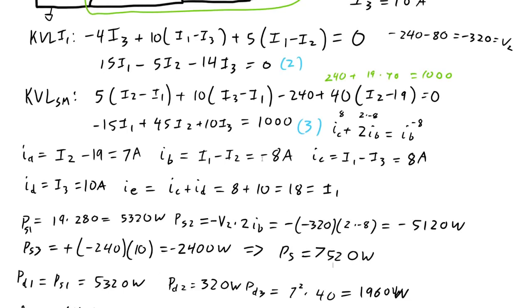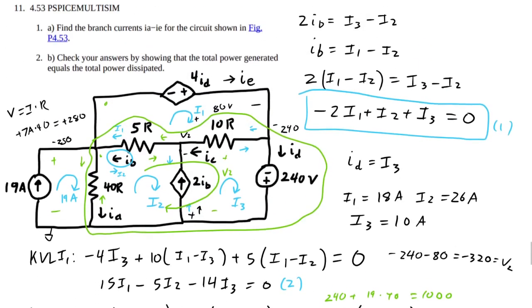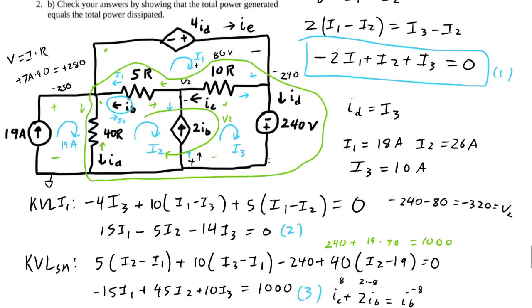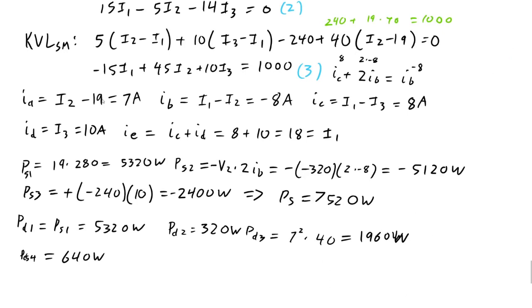I must be missing one source. Did I get all of them? Oh, the dependent source, of course, duh. I'm so silly. You guys are probably all yelling at me in the comments. Okay, so for ID, I have to punch that in. So it's probably going to be 720 if I got the rest of the answers right, because I get negative 720 for all these, and the currents are right for sure.